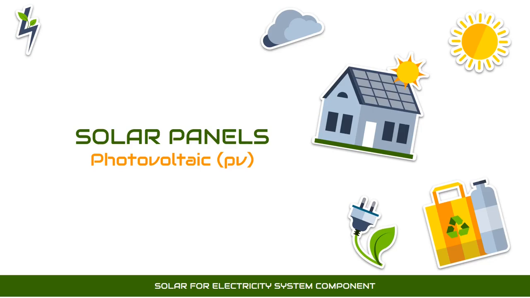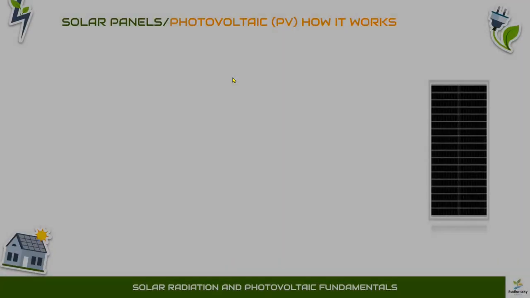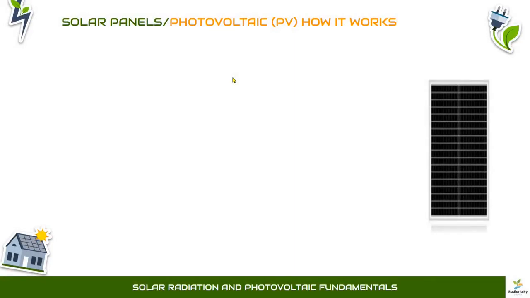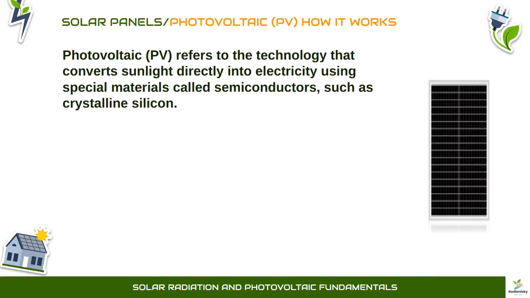So let's get into today's video where we are going to be learning about solar panels, which is photovoltaic technology. Let's start with understanding what a solar panel is, or photovoltaic, and how it works. Simply put, photovoltaic, popularly known as PV, refers to the technology that converts sunlight directly into electricity using special materials called semiconductors, such as crystalline silicon.